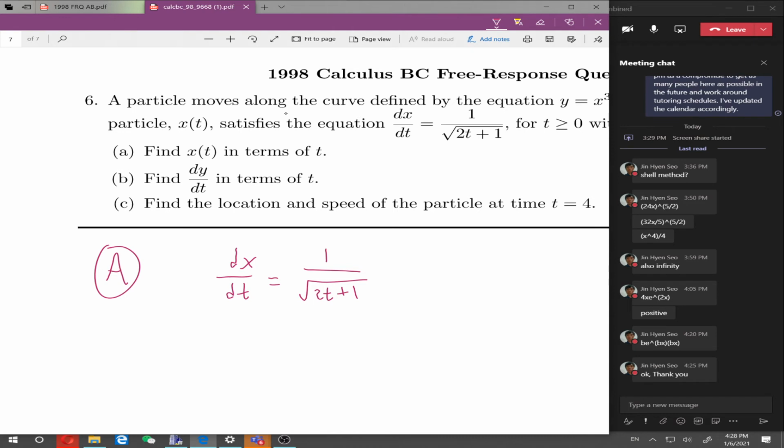I'm not sure what the first step is. Right now on the left side, we have both x's and t's. So I need to change that.